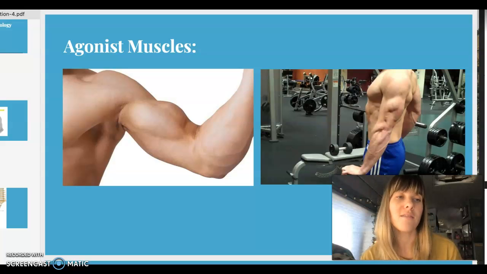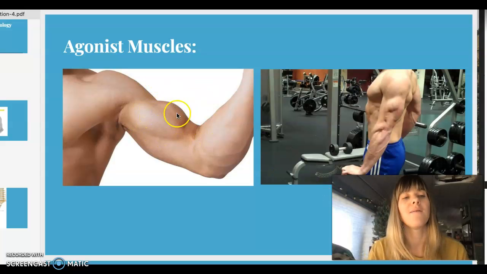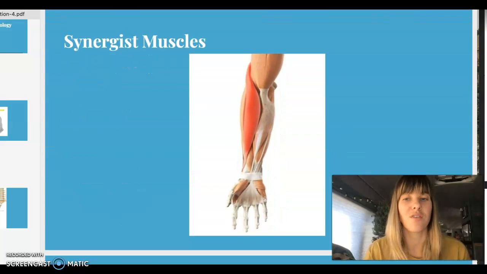In contrast to antagonist muscles, which we will dive into here soon, those interfere with the physiological action of one another. So we'll see here that when the bicep is contracted, the antagonist, the tricep here, is going to be relaxed. And in this video here, we see that the tricep is contracted and the bicep is relaxed.